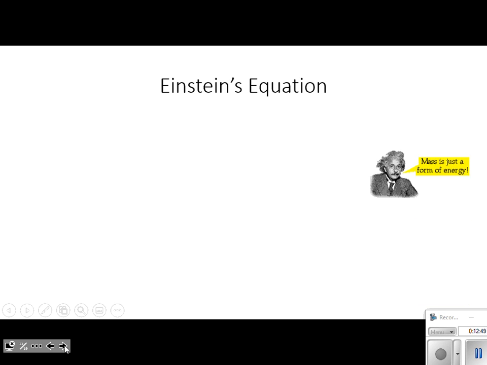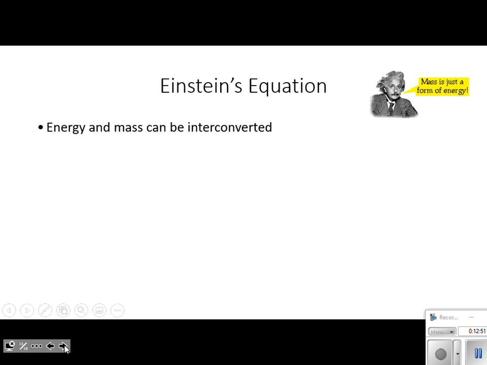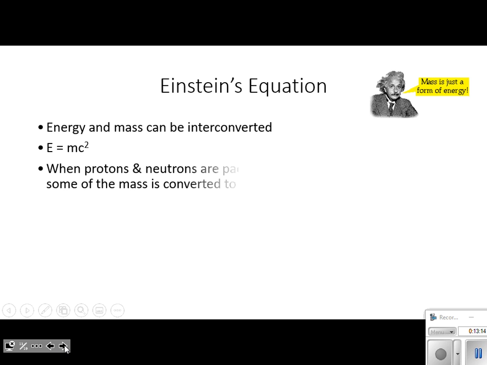Well, in Einstein's equation, mass and energy can be interconverted. So E equals mc squared. Energy is equal to mass. Anybody remember what c squared was? Yeah, the speed of light. So energy equals mass times the speed of light squared.